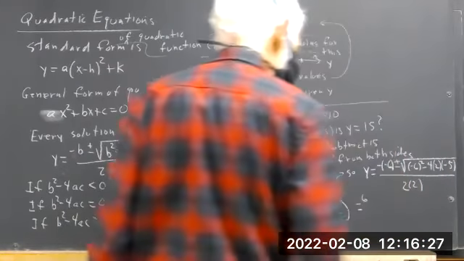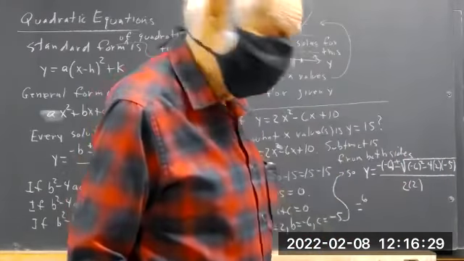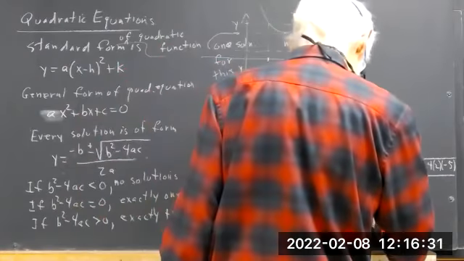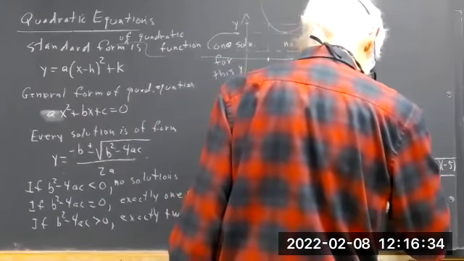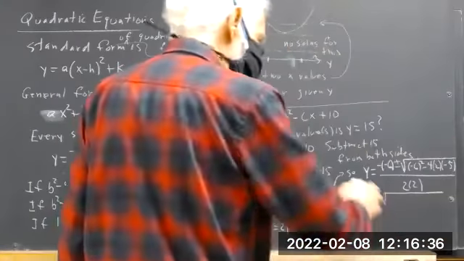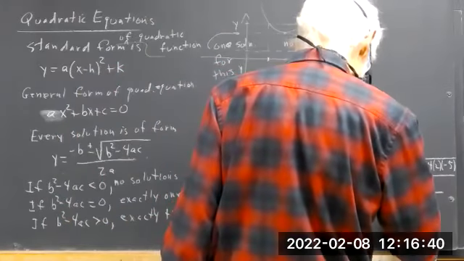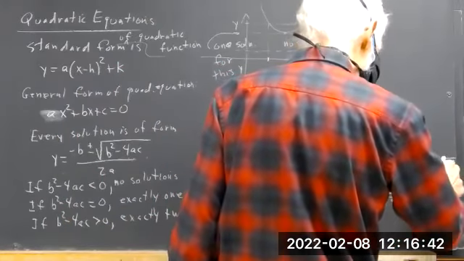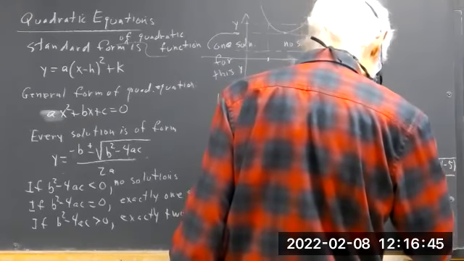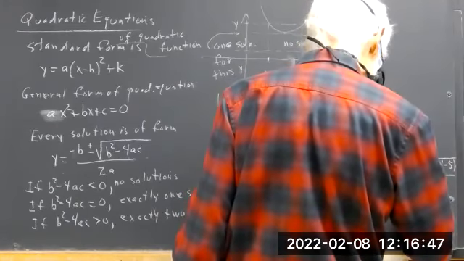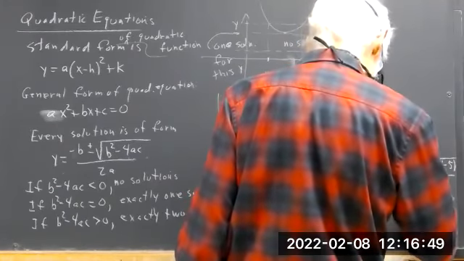Well, then we do the rest. So negative of negative 6 is 6. The square root of this mess is, well, negative 6 squared is 36. And 4 times 5 times 2 is 40. That would be plus 40.